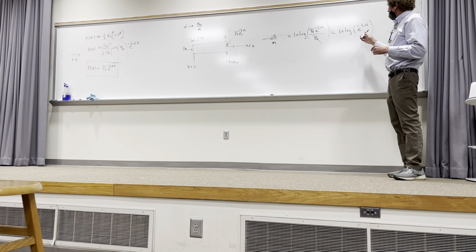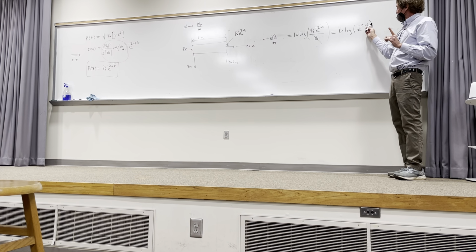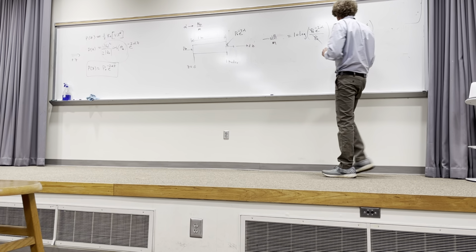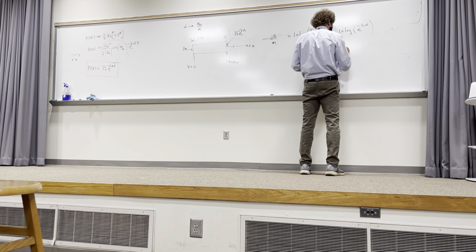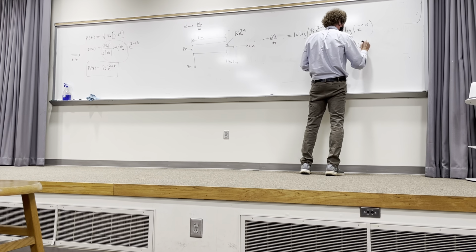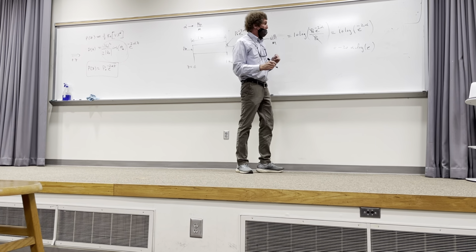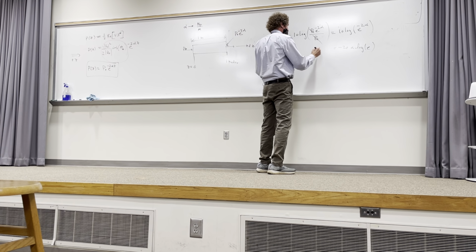I'm going to take this exponent out in front. So I have minus 20 alpha times the log base 10 of e, and again this would be in dB per meter.